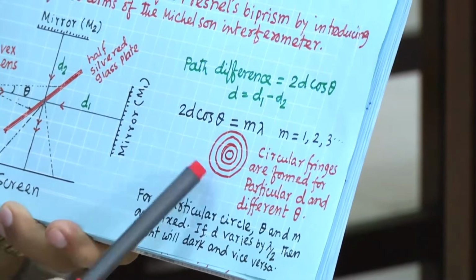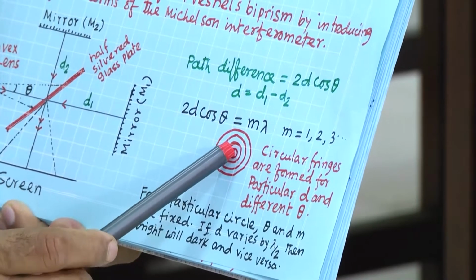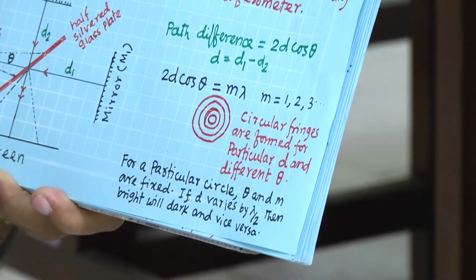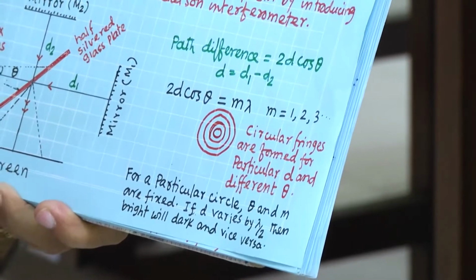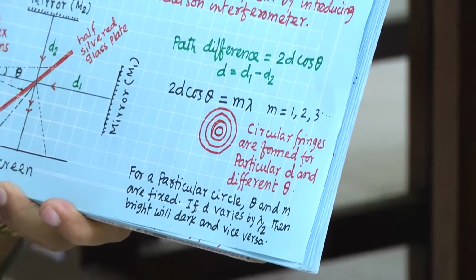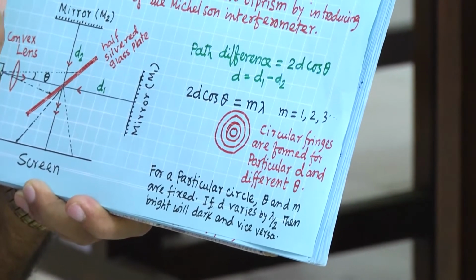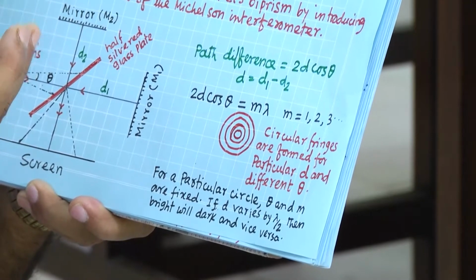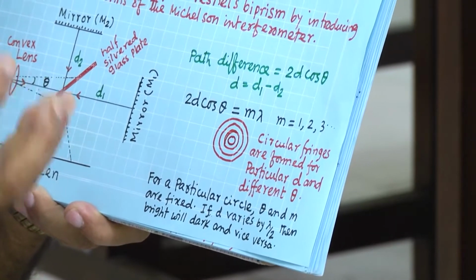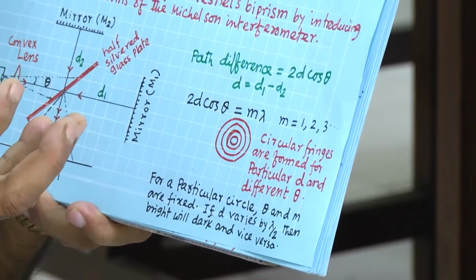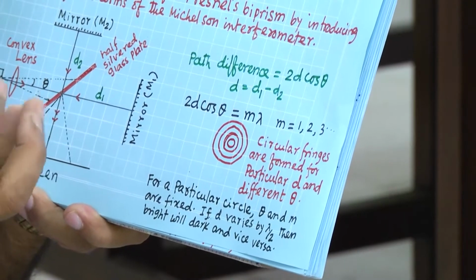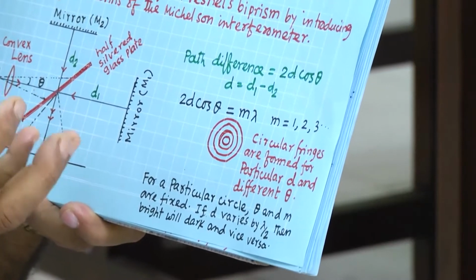So, what does it mean? At the center, you will feel that the fringes are generating and collapsing to increase the order of the central fringe, as if more rings are collapsing into the center.